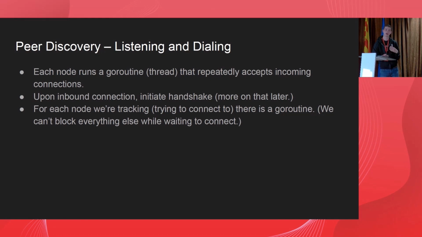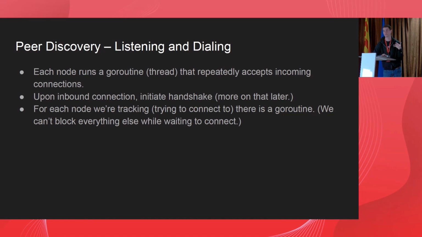Then a couple different things could make that goroutine exit. The first is you succeed in connecting to them. Nice, the happy path. I'm trying to connect to node ID A, I dial them, they accept the connection, we do the handshake, we're connected, everything is happy. Another thing that could happen is that I find out about a newer IP address for node ID A. This is the situation that I was talking about before.